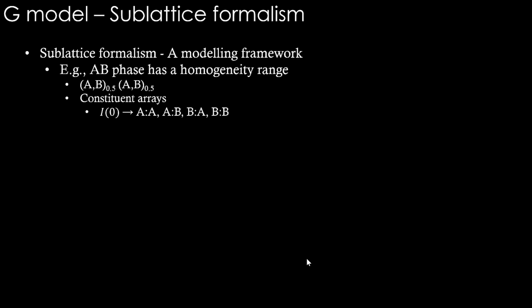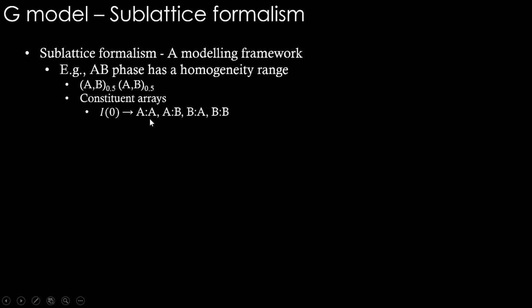Now comes one of the most important ideas in sublattice formalism, that is constituent arrays. Let's understand them keeping this AB type of sublattice. We are writing a constituent array here, I0. This is the 0th order constituent array. This I is the symbol used for that, and different things are written here.